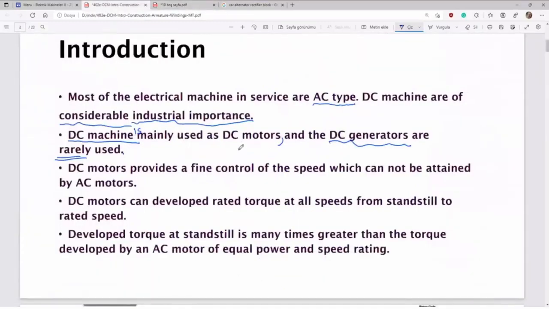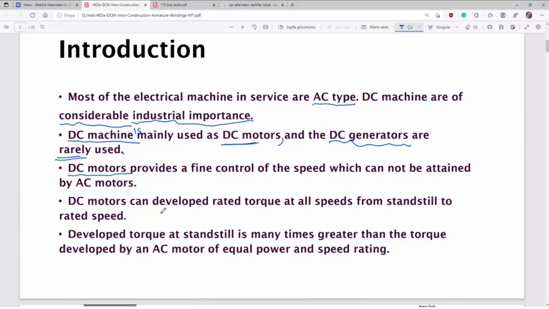As a motor, yes, there are some usages because they have very distinctive, very unique characteristics. For example, in the startup process of internal combustion engines, we use a starter motor in the automobile sector. Marş motor diyoruz, starter motor.